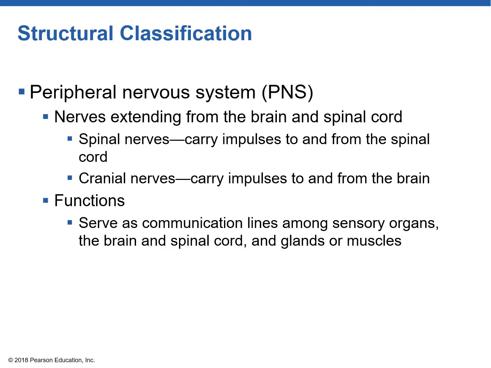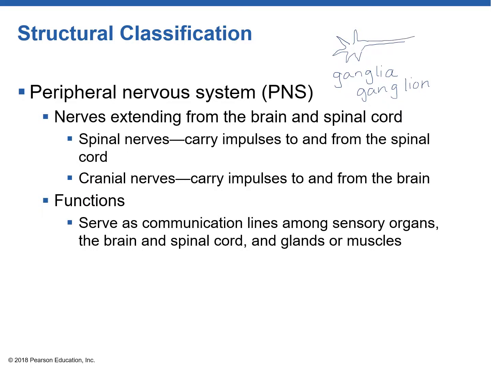And then the peripheral nervous system, or PNS, basically this is comprised of nerves extending from the brain and spinal cord. And you might also see an associated term, ganglia, or ganglion, just singular. These are clusters of cell bodies. So remember that your cell body, those are your stellate cells.